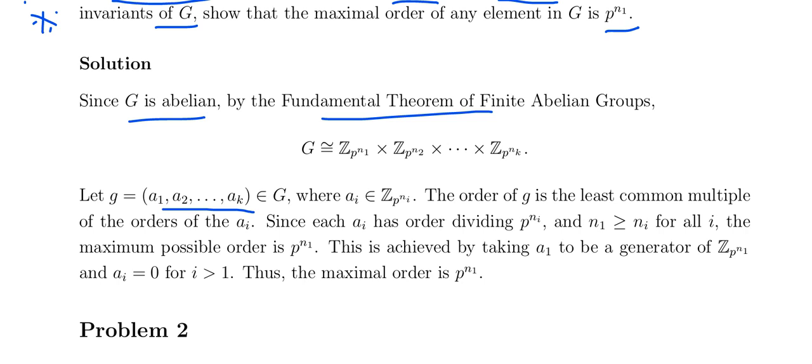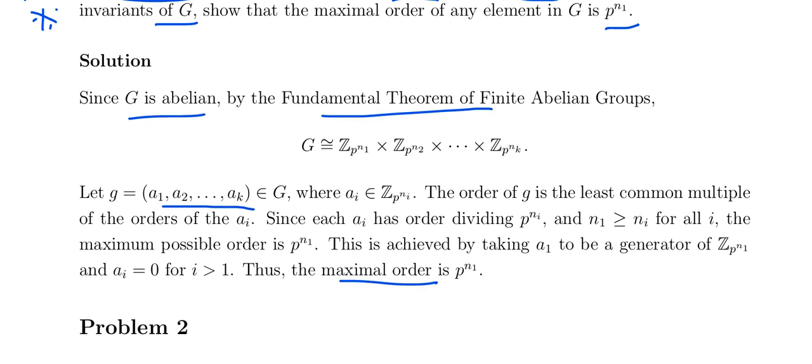Since each ai has order dividing p power ni, and n1 is greater than or equal to ni for all i, the maximum possible order is p power n1. Take a1 to be the generator of Z p power n1, and ai equal to 0 for i greater than 1. So the maximal order is p power n1.